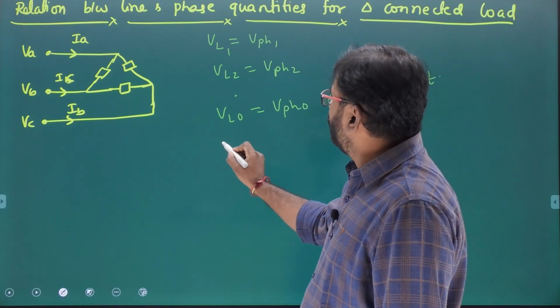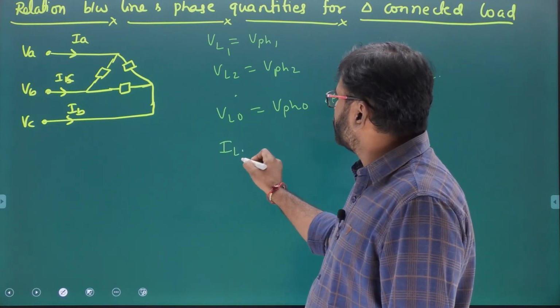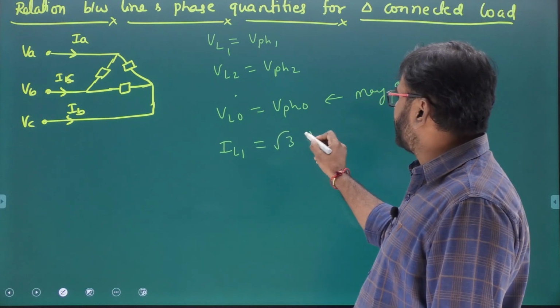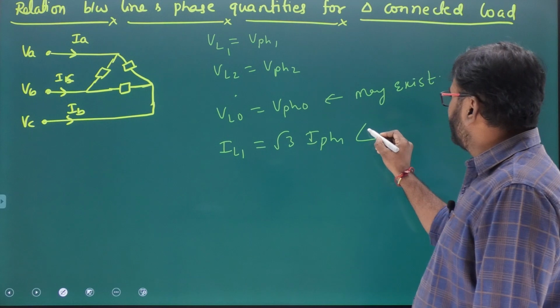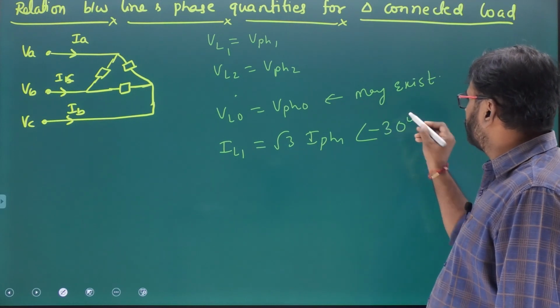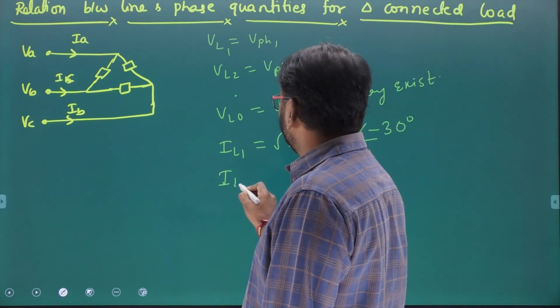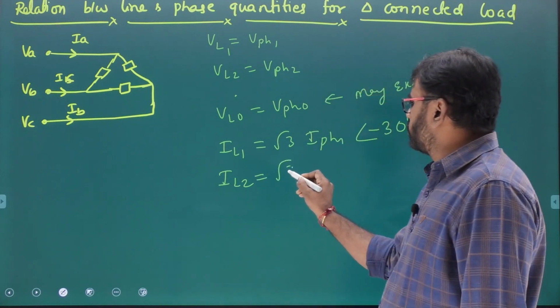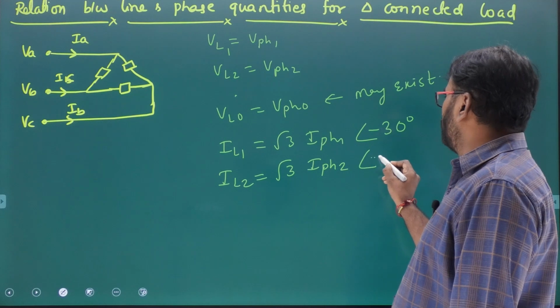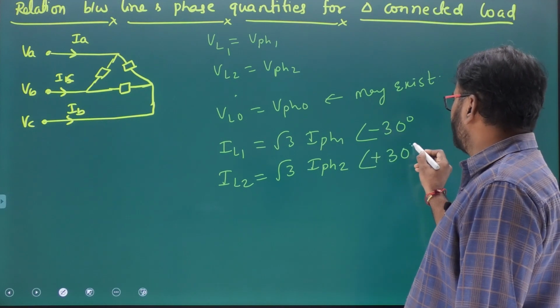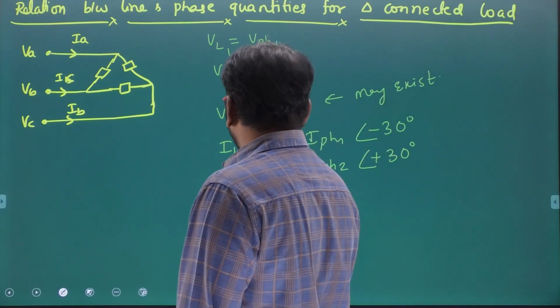Next, what about line current positive sequence? Root 3 times phase current positive sequence, just like the balanced relation, at an angle minus 30. But what about IL2? Root 3 times I phase 2 at an angle plus 30 degrees. And what about IL naught?